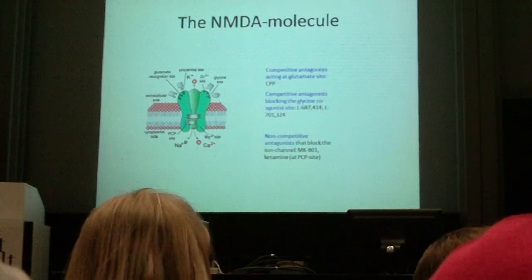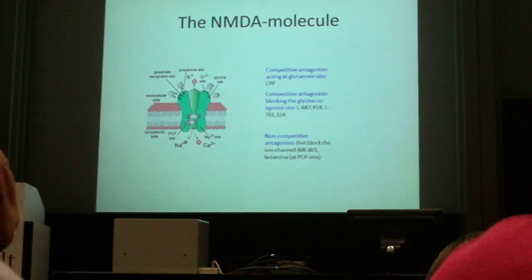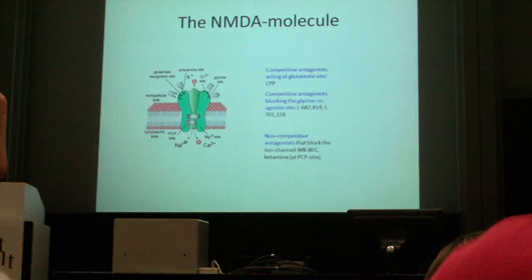If you go to the hippocampus, or if you go to the cortex and you study it by presence of neurotransmitters, you will see that a lot of the neurotransmitter is glutamatergic. So if you then modulate this NMDA receptor, you will modulate a lot of processes, not only pain processes.